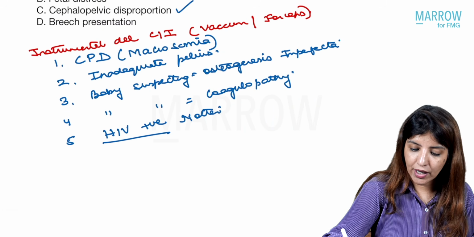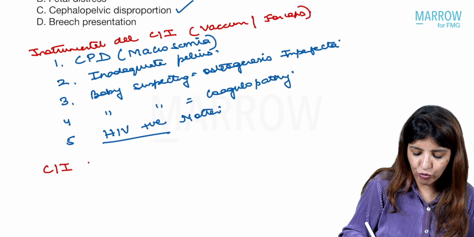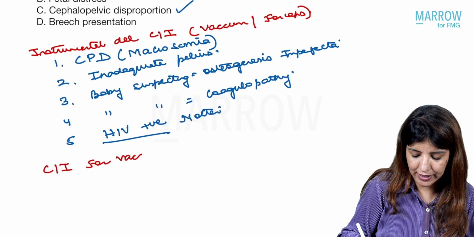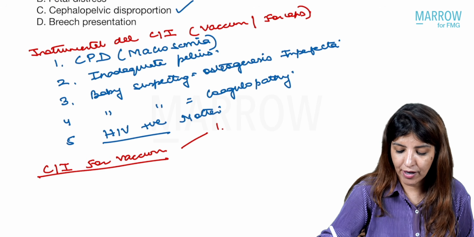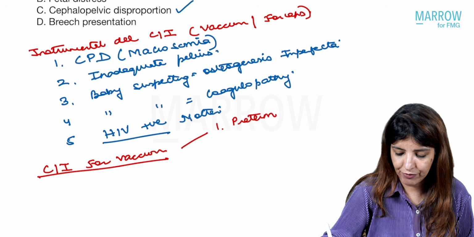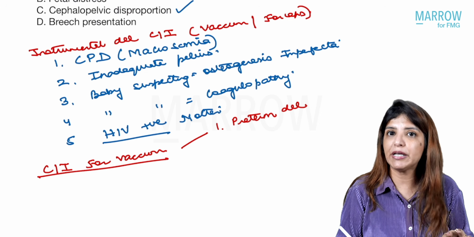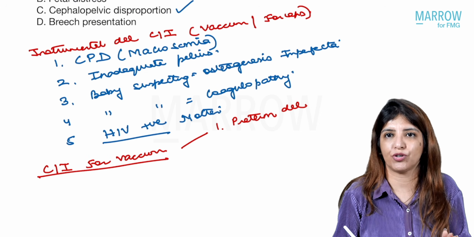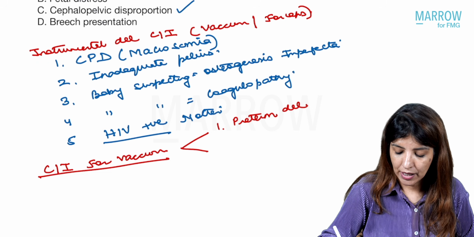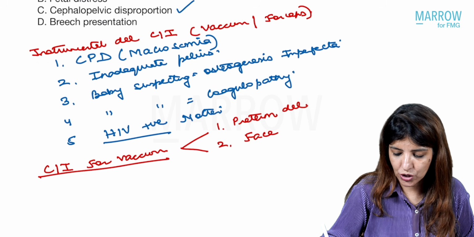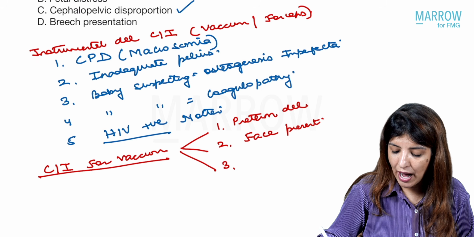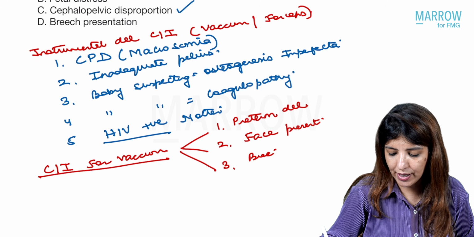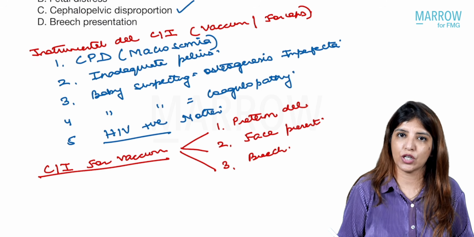Now, what are the contraindications for vacuum specifically? Contraindications for vacuum delivery are number 1, preterm delivery. Right? In preterm delivery, only vacuum is contraindicated, not forceps. Number 2, face presentation. Number 3, after coming head of breech, in other words, breech presentation.